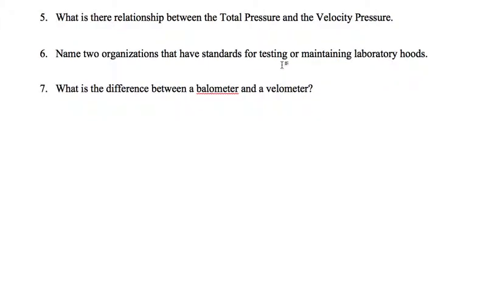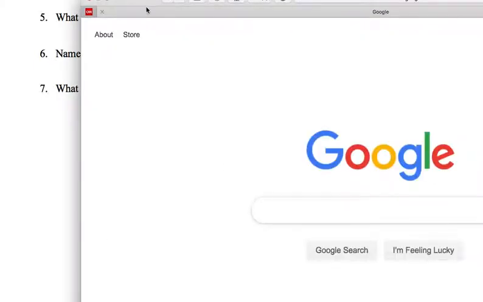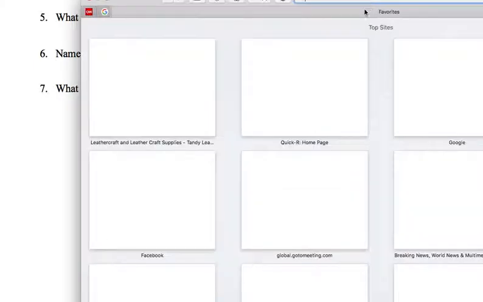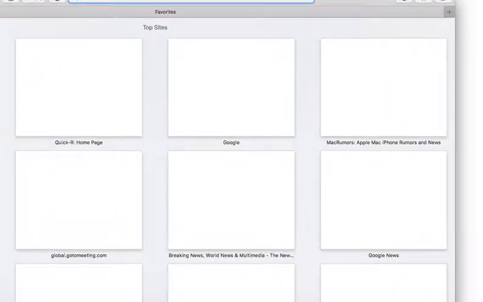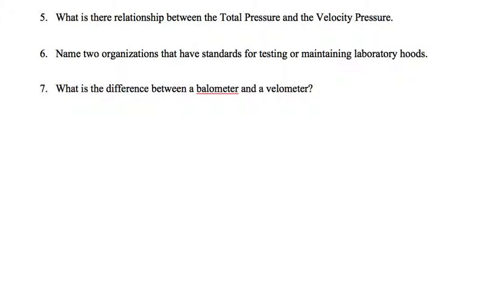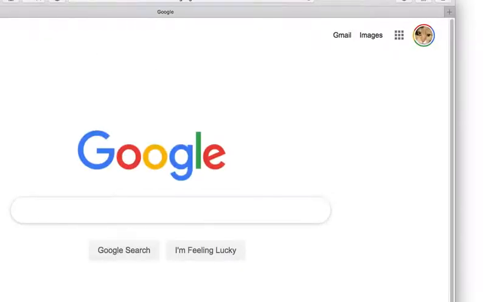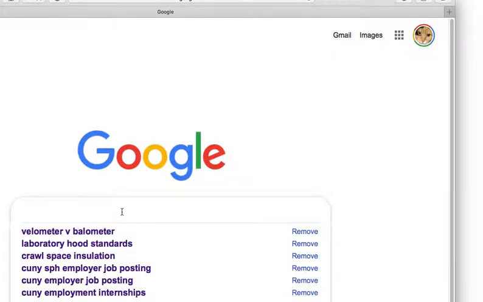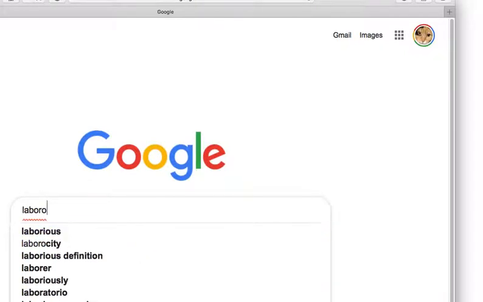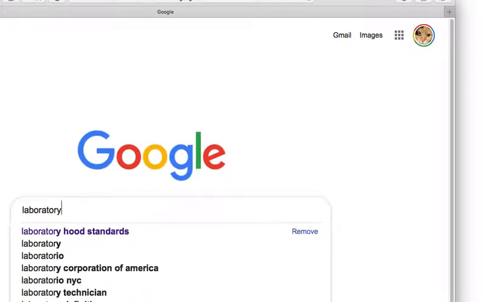One of the things you can do here is simply go to Google and search for laboratory hood.